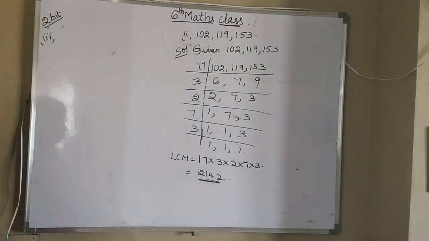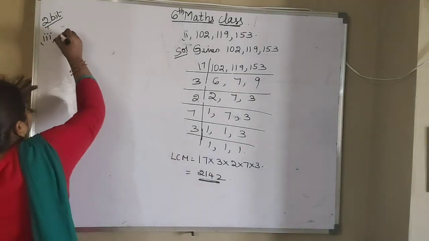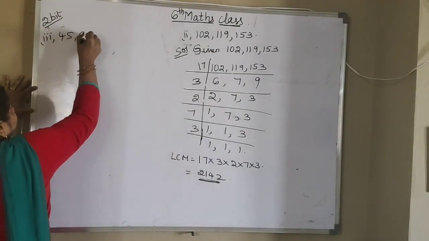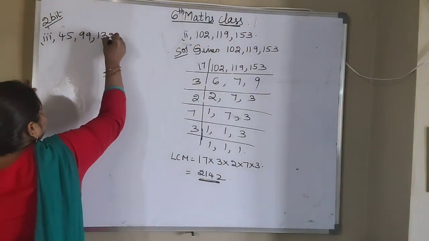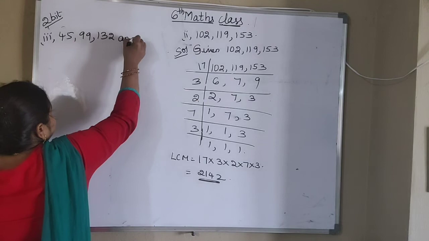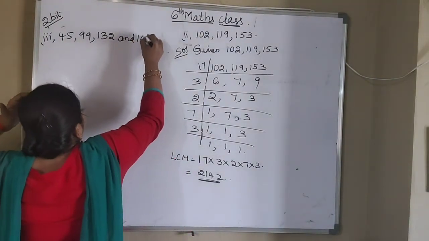So what is the third question? That is 45, 99, 132 and 165.